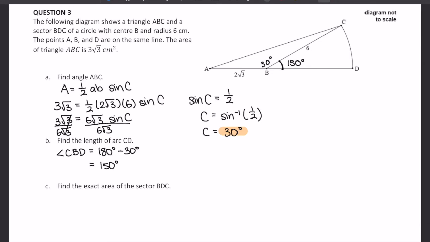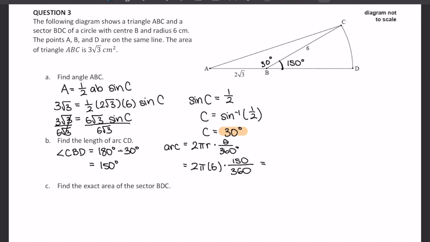And from there, once we have the angle, we can just use the arc length formula. Our arc length formula from the notes at the top is 2 pi r times theta divided by 360. So 2 pi, we're given that the radius is 6, and the angle that we care about is 150, so 150 over 360.